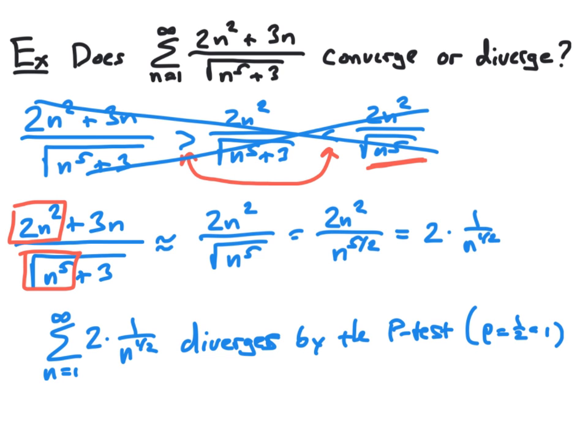And so what we now need to do is take the limit of our series divided by the series 1 over n to the 1/2, and as long as we end up getting a positive number, a number not equal to 0, then we will be able to conclude that our given series diverges as well.